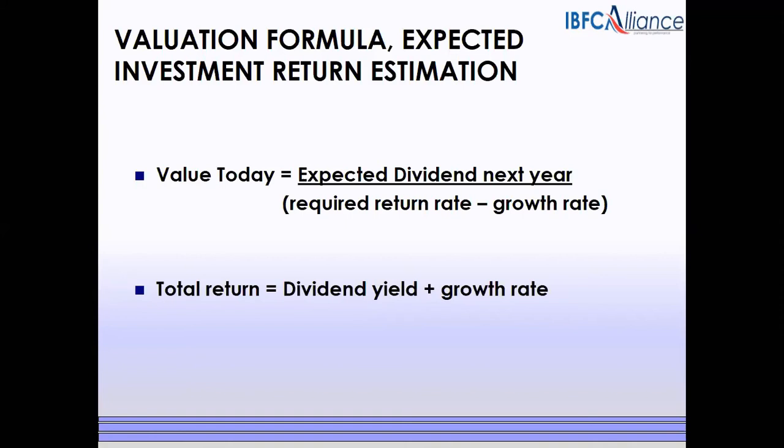But this assumes that the company will be able to pay that 14 naira and grow it at 10% per annum. Once that is done, the investor will actually actualize that return of 24% per annum.